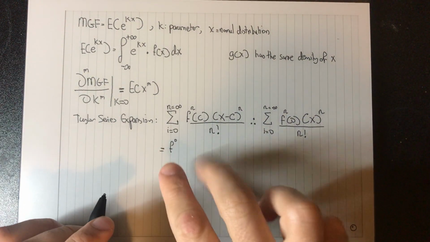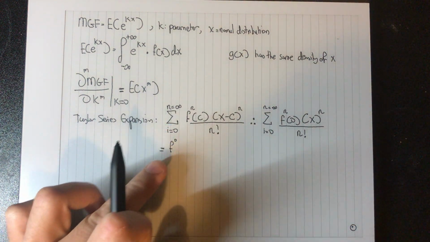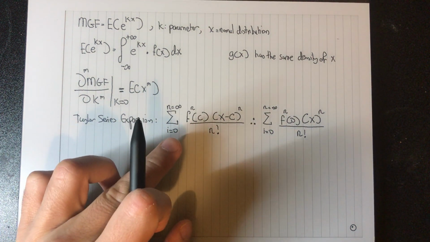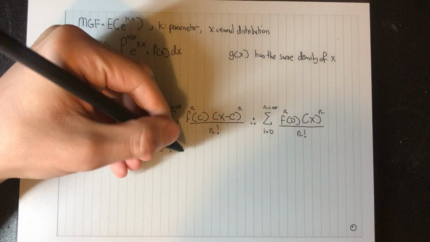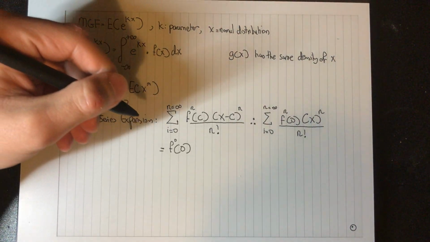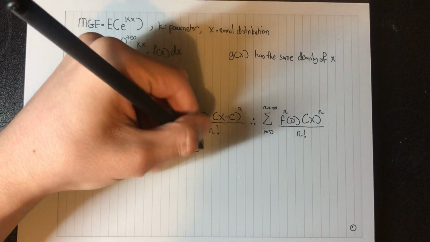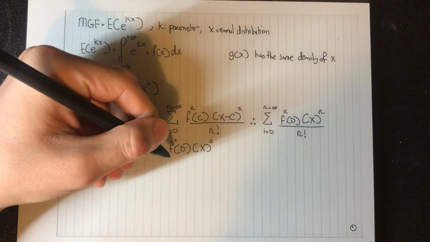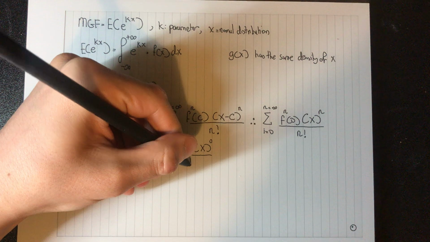In this case, we're not taking the derivative because we don't have the first derivative. We're simply having the function over here, evaluated at point 0, multiplied by x to the power of 0 over 0 factorial.